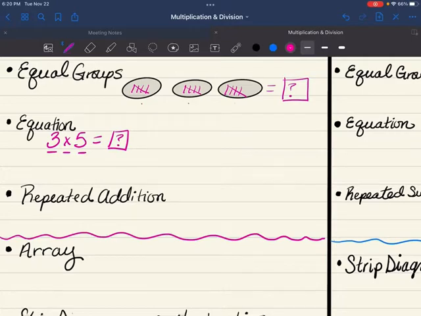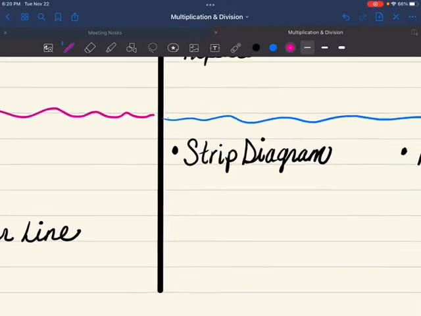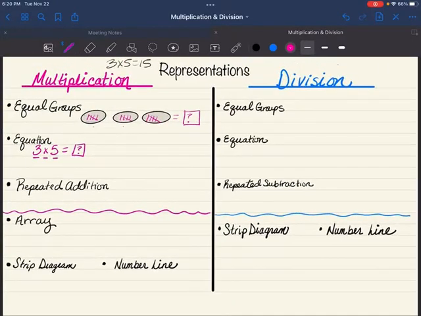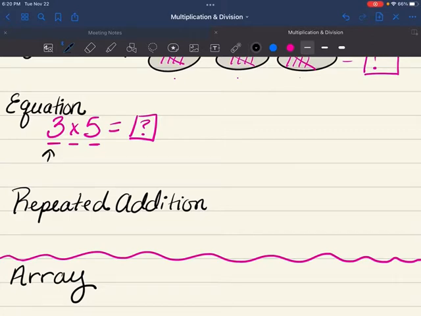And every time your child solves a problem, you want them to be saying it out loud, 3 groups of 5, because your representation has to match that. So we're going to just notate that the first factor in this problem is our group amount, or our number of groups.